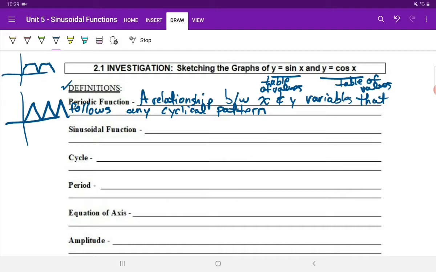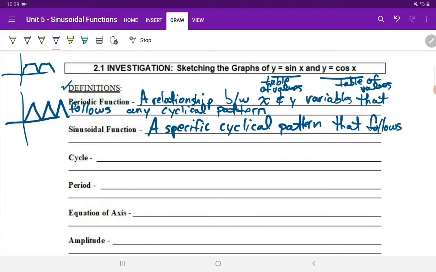So sinusoidal functions are a type of periodic function, but a very specific type. Okay, so let's write, it's a specific cyclical pattern that follows the curves of y equals sine x and y equals cosine of x.